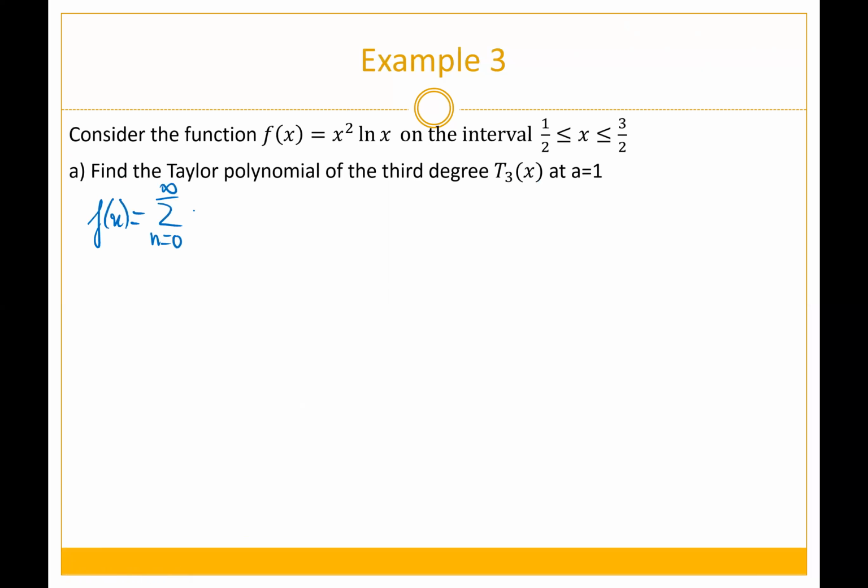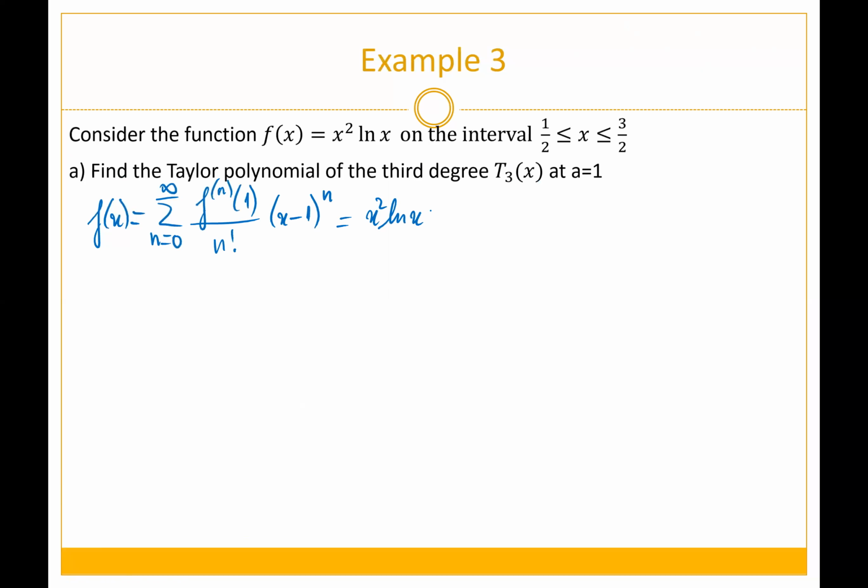of this. And so this one is Cn, which now becomes f to the n of 1 over n factorial, times x minus 1 to the n, and this is equal to x squared ln of x.